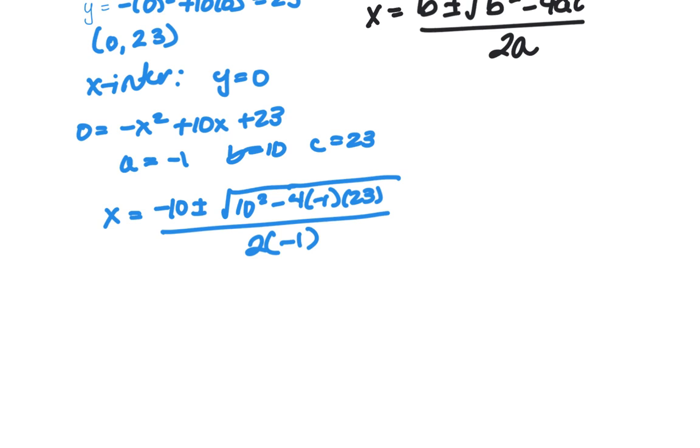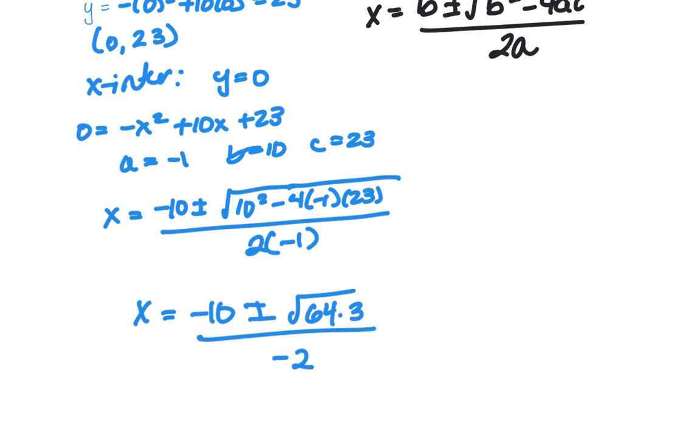All right, so x is equal to negative 10 plus or minus the square root of 10 squared minus 4 multiplied by negative 1 times 23, and I ended up with 192, which is the square root of 64 multiplied by 3, all over negative 2, which is negative 10 plus or minus 8 square root of 3 all over negative 2.